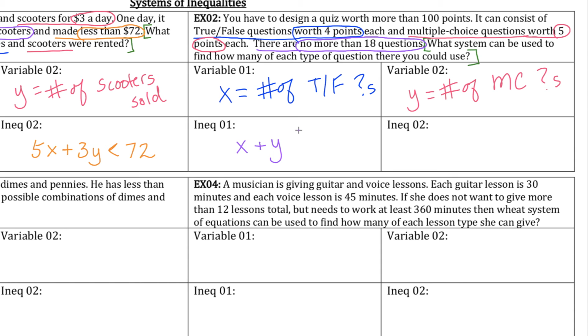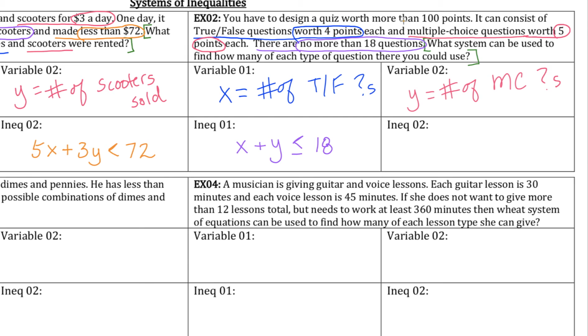So if it's not more, it has to be less than or equal to 18. Not too bad.